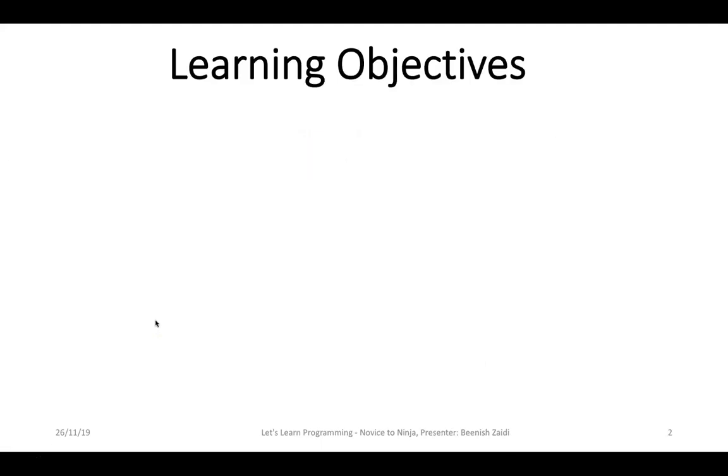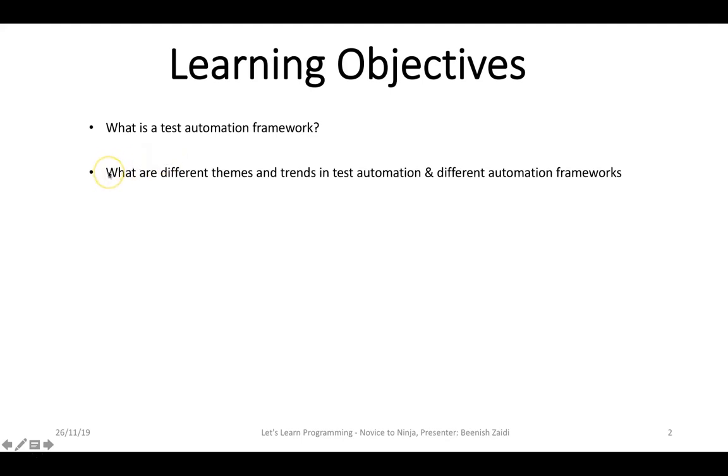Moving ahead, on 15th November in our first meetup session, we focused on 5 learning objectives. The first one was, what is a test automation framework? The second learning objective was, what are the different themes and trends in the automation industry today, and how different automation suites can help address those trends and themes.